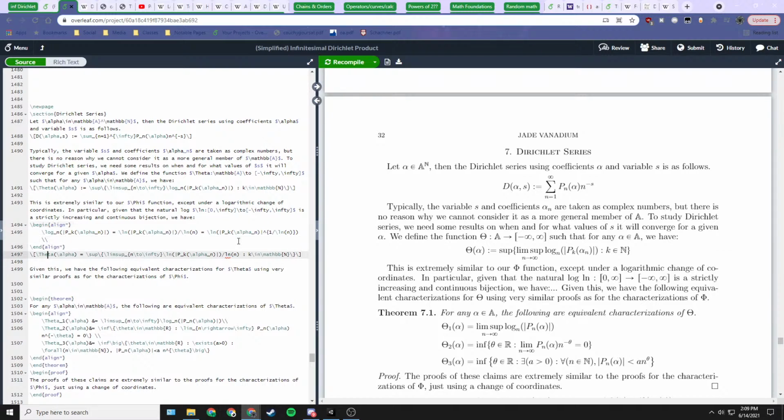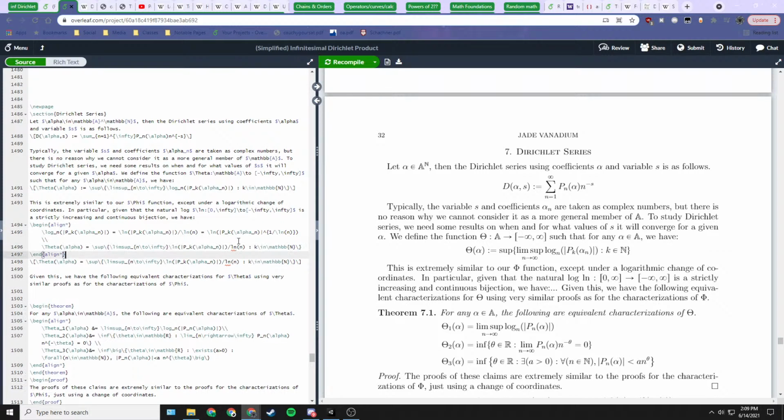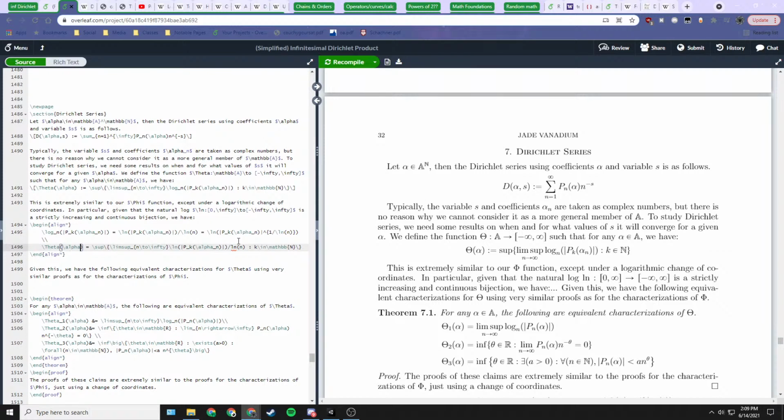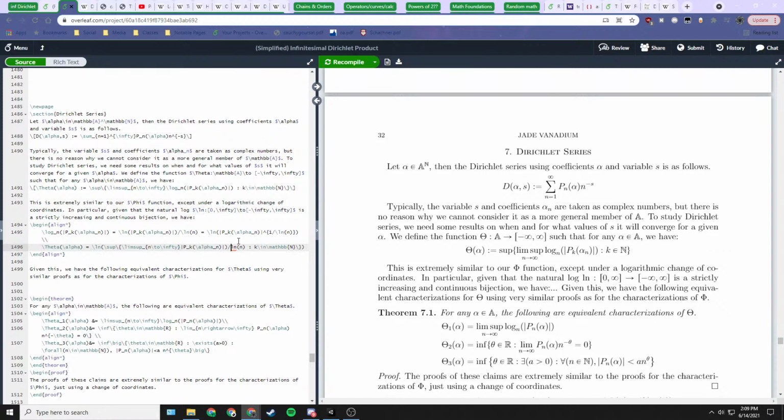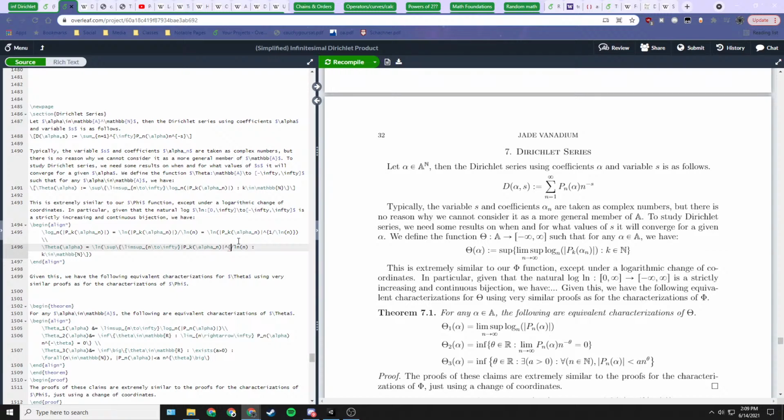And then this would say theta alpha is the ln of all of this, and then we would just have this to the power of 1 over log n. Okay, that's better.